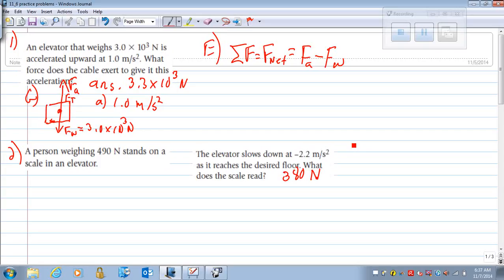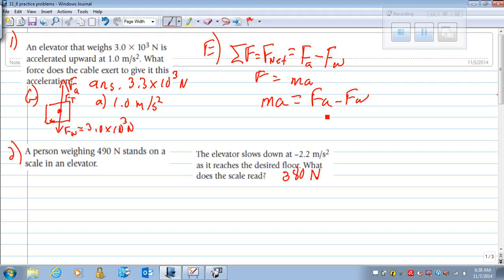In this equation, we also know that the net force is equal to MA, because we know that force is equal to MA. So this net force here, M times A, is equal to FA minus FW.